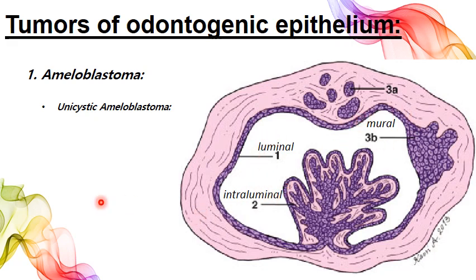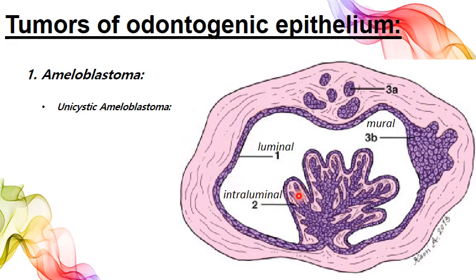First of all, the treatment of the luminal or intraluminal variant of unicystic is enucleation and curettage. Simple enucleation and curettage is all the treatment we need for the luminal and intraluminal, because during enucleation I will remove all this tissue. I don't have any fear that this ameloblastic tissue is in contact with the bone.